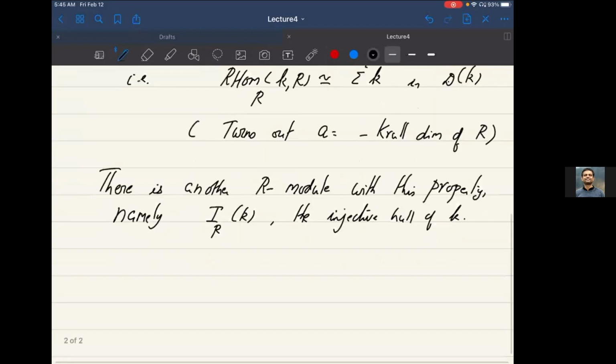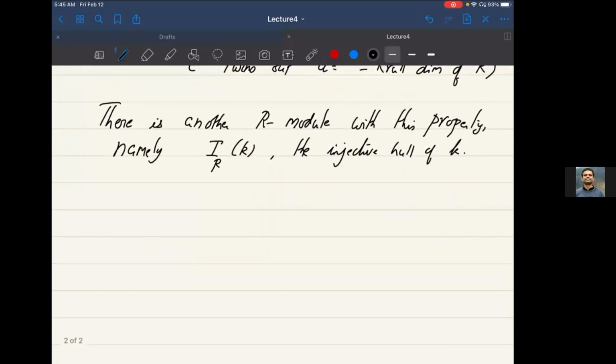As the name suggests, this is an injective module, and it is defined by the condition that this is equivalent to k. Because it's injective, I may as well call this a quasi-isomorphism in D of k.